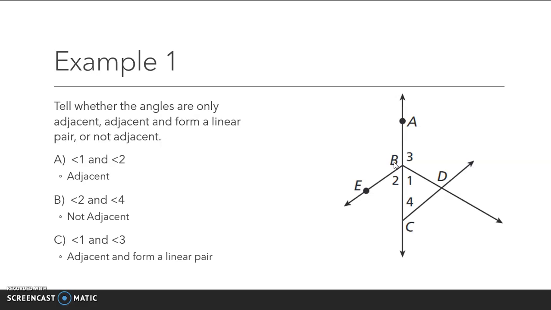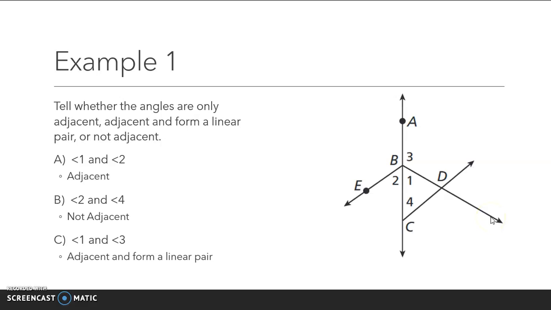Next, we're going to find angles 1 and 3. Angle 1 is here, and angle 3 is there. So let's trace the angle. For angle 1, it starts down here at C, it comes up to B, B is the vertex, and it goes this way.